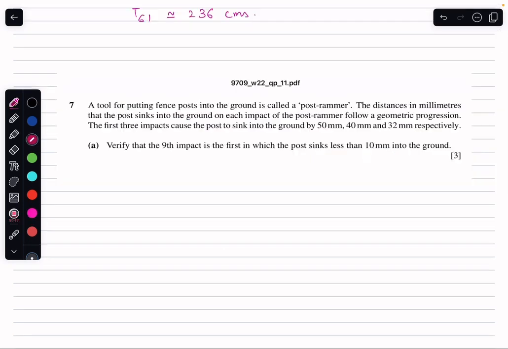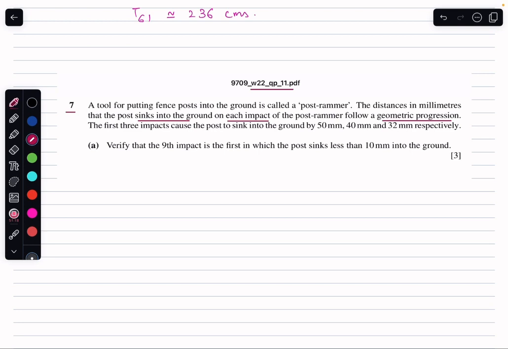Next question is from winter 2022 paper 1 variant 1, and it's question number 7. A tool for putting fence posts into the ground is called a post rammer. The distance in millimeters that the post sinks into the ground on each impact, meaning on each hit from the post rammer, follows a geometric progression.